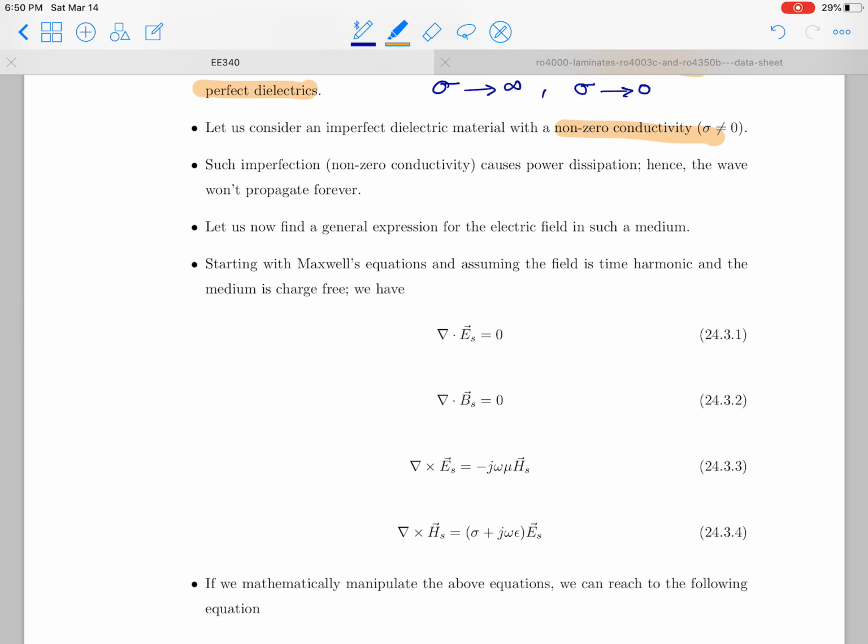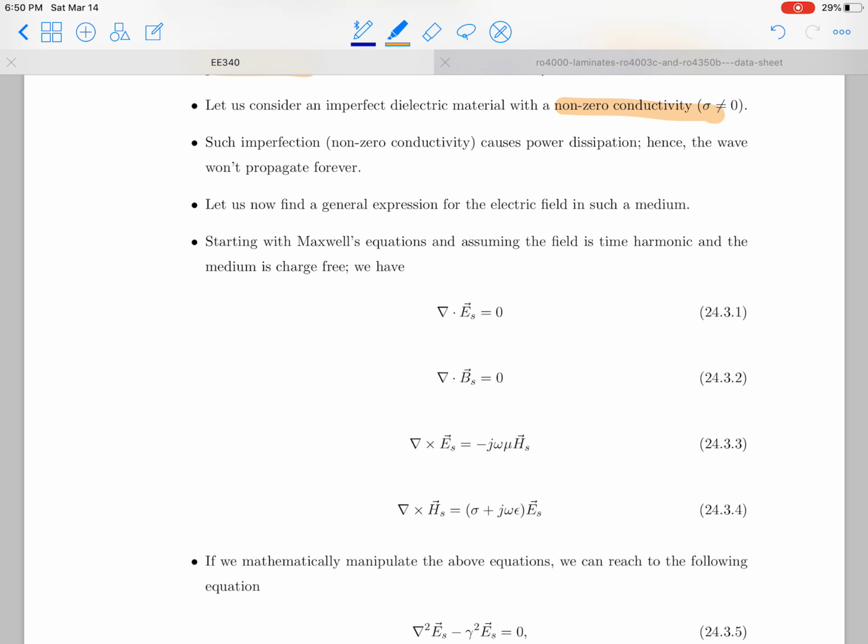So what we want to do in this lecture is find a general expression for the electric field in a lossy medium. So the very first step is to start with Maxwell's equations. So remember, we have a set of four equations that are called Maxwell's equations.